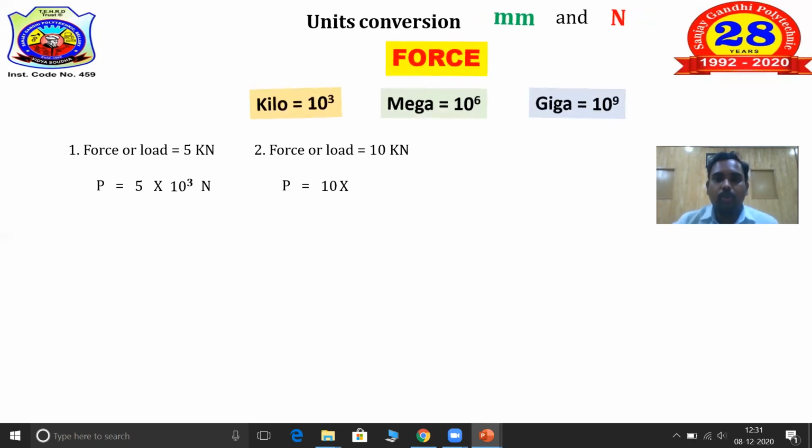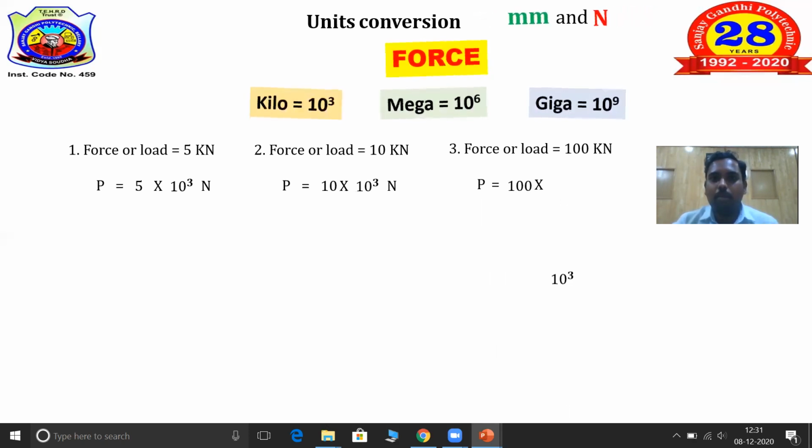In place of kilo, I'll write 10 power 3, and then I'll place Newton as it is. Okay, I'll take another example. The force or load equals 100 kilonewton. In place of force or load, I'll write P, equal as it is, 100 as it is, multiplication symbol. In place of kilo, I'll write 10 power 3, and I'll write Newton as it is.